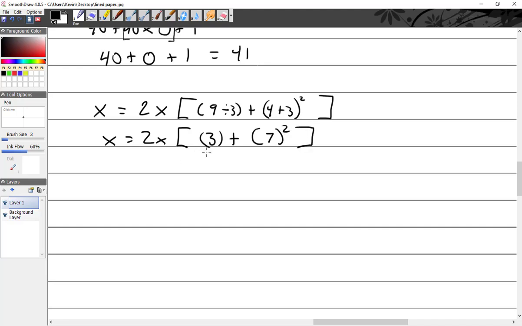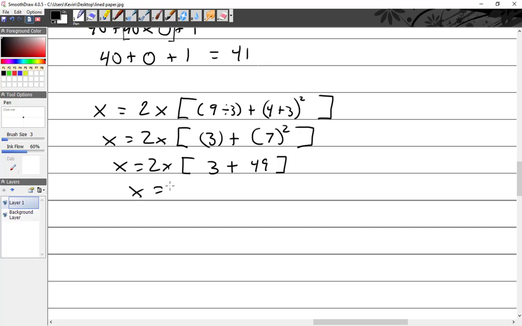Please excuse exponents. What's my exponent? Here's my exponent right here, 7 squared, which is 49, so 3 plus 49. Now I can finish my brackets.